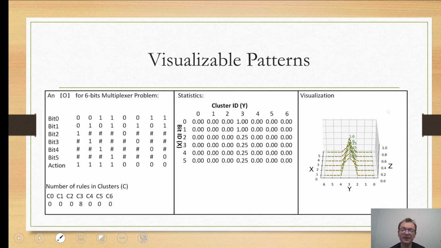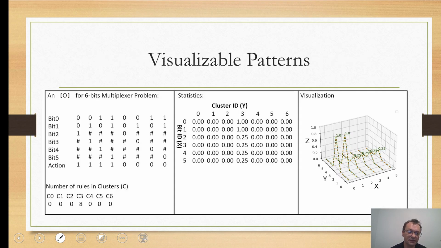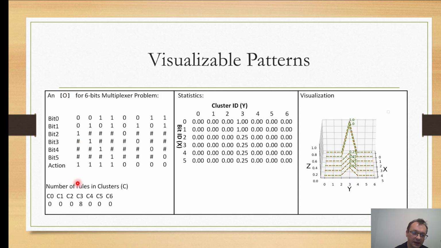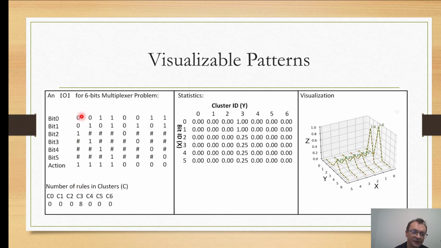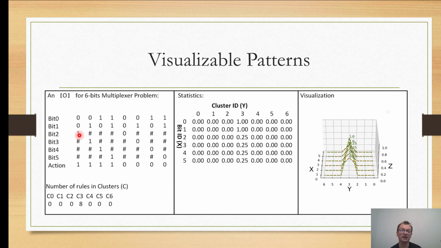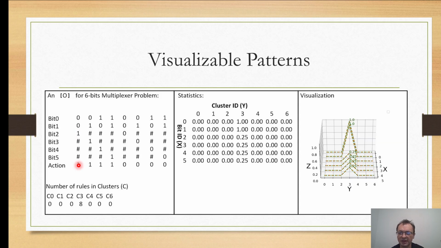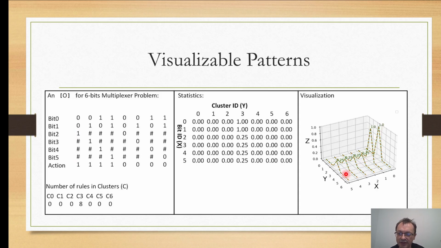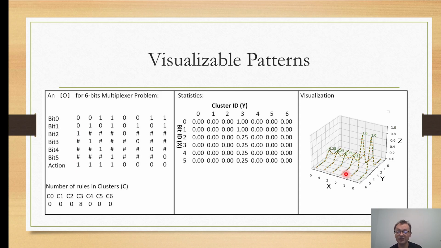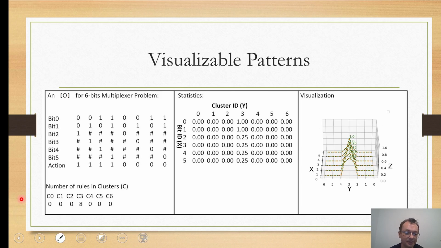And what's nice is we can then visualize these patterns. So if we have a single rule going down here, we can see if the bit is 00 and the second bit is 1, and this is for the multiplexer problem, we have action 1. And we can do some statistics and create the visualization here, which shows us visually the patterns in the data.